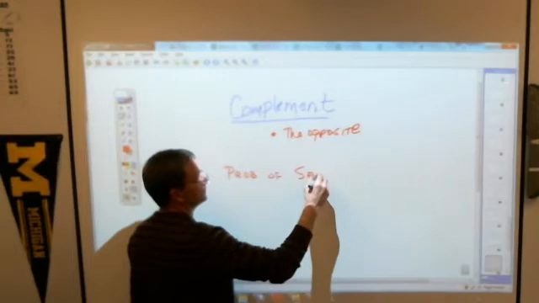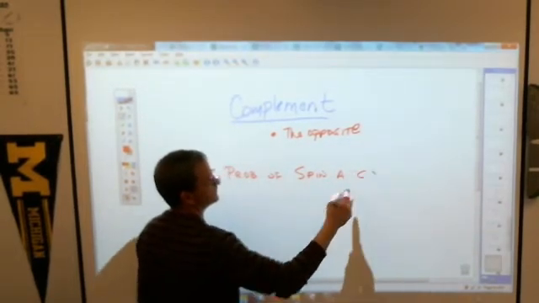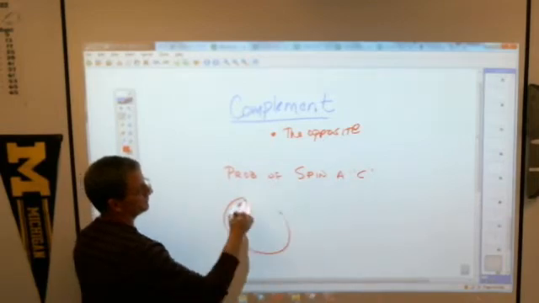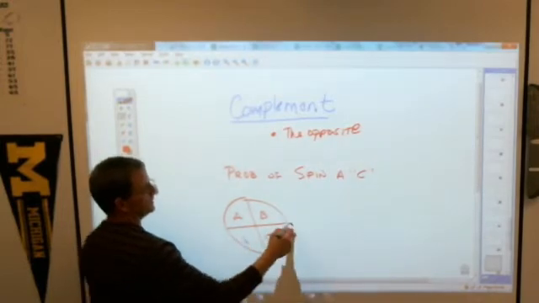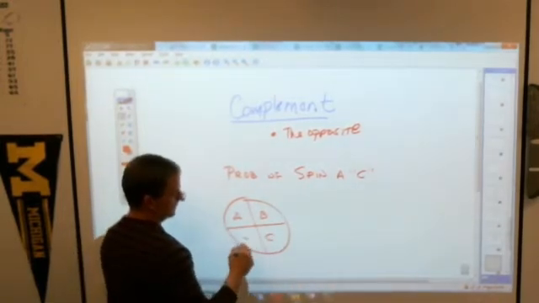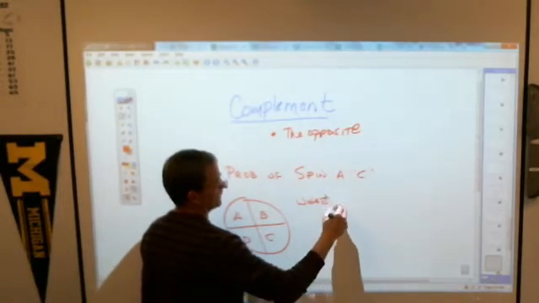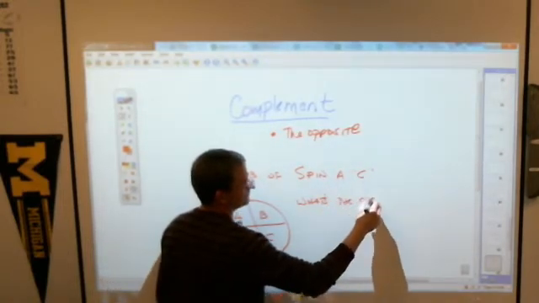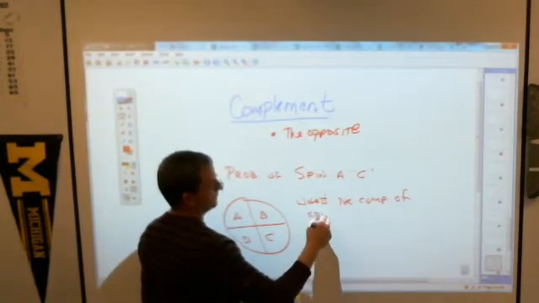spinning a seed, say I've got my spinner again, A, B, C, D, and I asked, what's the complement of spinning a seed?